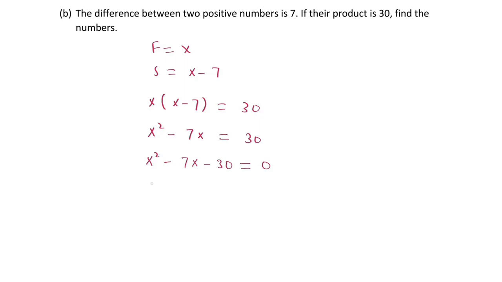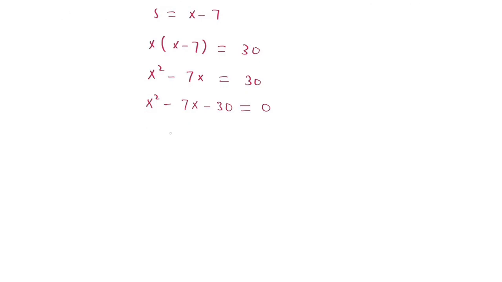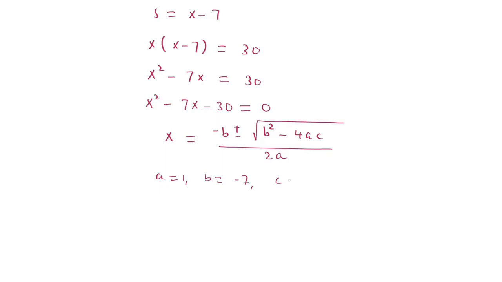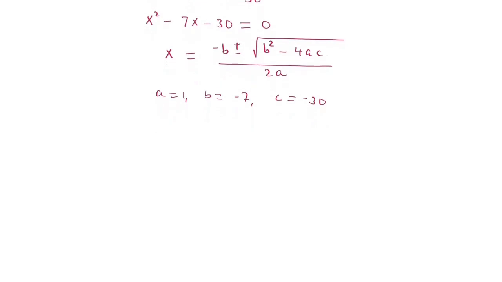Okay, so next we are going to solve this equation using the quadratic formula, which says x equals negative b plus or minus under root b squared minus 4ac over 2a. Okay, so from our equation, a is 1, b equals negative 7, and c is negative 30. So let us now substitute these values into our formula.